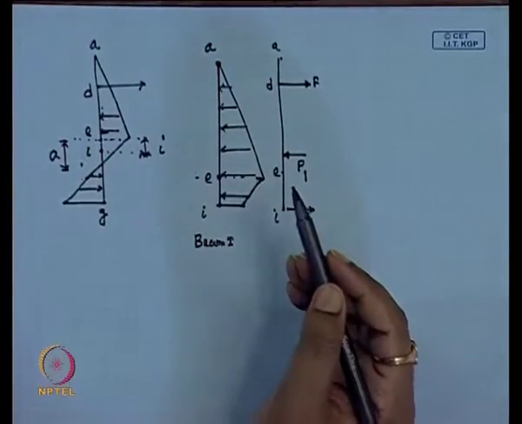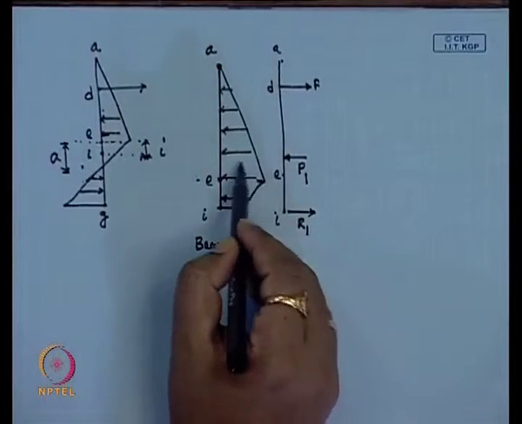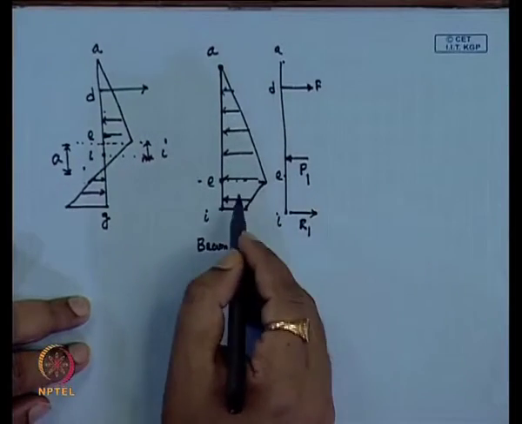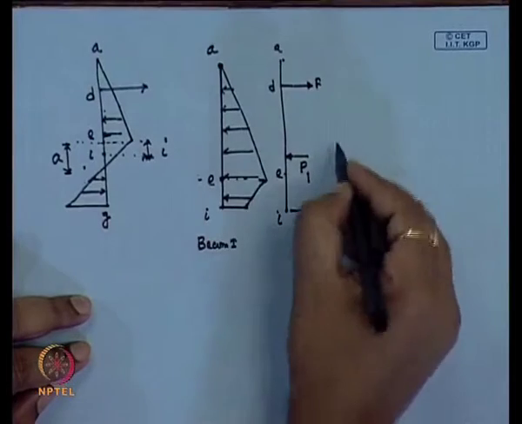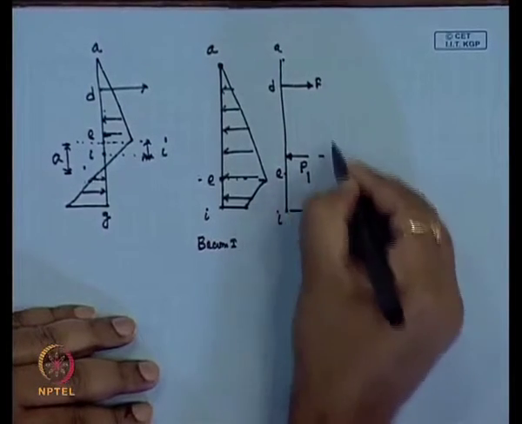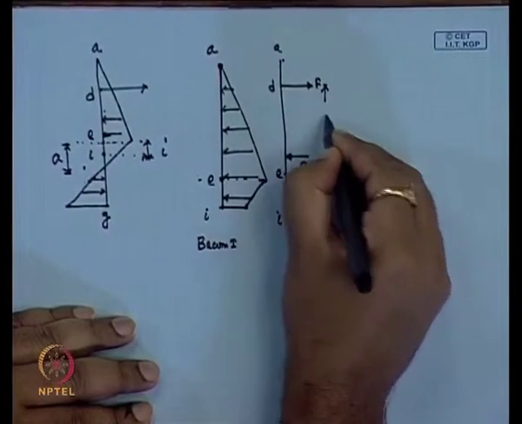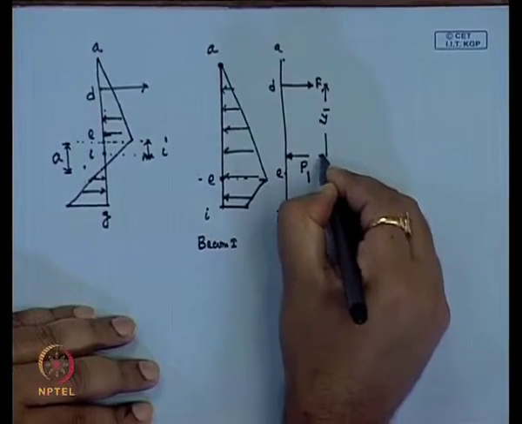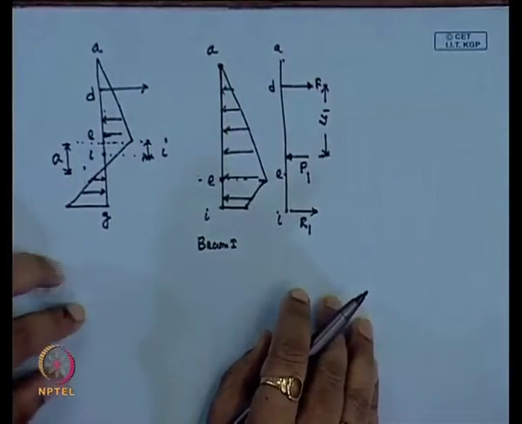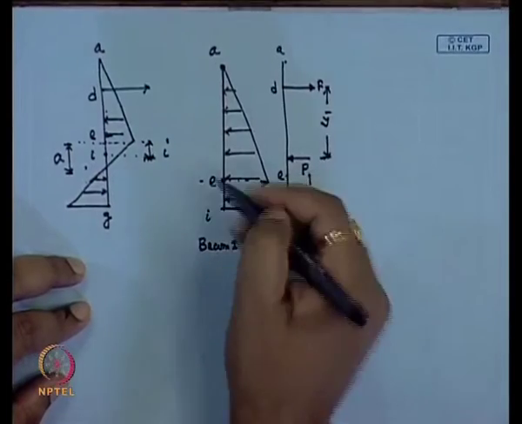These are the forces acting. This P1 is the external force. Say this P1 is at a distance of y bar from the D point. Now, this P1 can be calculated.